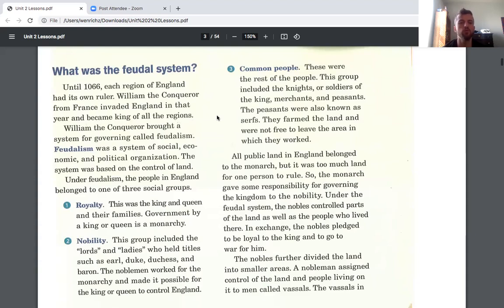Nobility. This group included the lords and ladies who held titles such as Earl, Duke, Duchess, and Baron. The noblemen worked for the monarchy and made it possible for the king or queen to control England. And then number three, the common people. These were the rest of the people. This group included the knights or soldiers of the king, merchants, and peasants.